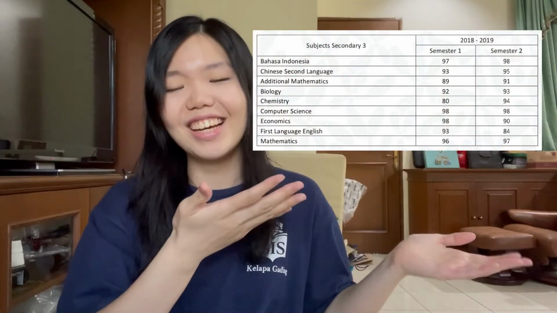For secondary 3, here are my grades. I know it's not that good. It had like a few 80s, but I did my best and my score improved from Sec 3 to Sec 4, so it was all good for me. This leads us to my secondary 4 grades.